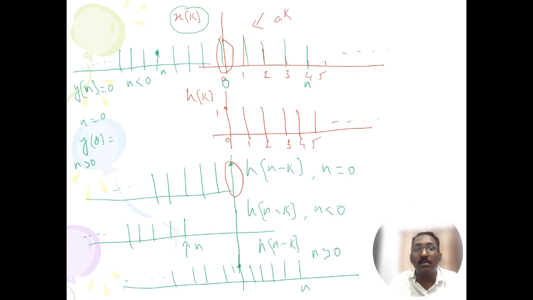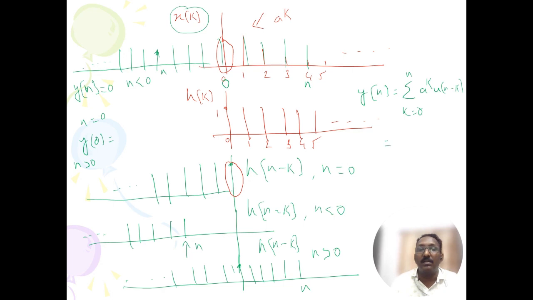So in that case, you write y of n as the summation of x of k and h of n minus k, which gives a power k u of n minus k, with k equal to 0 to n.